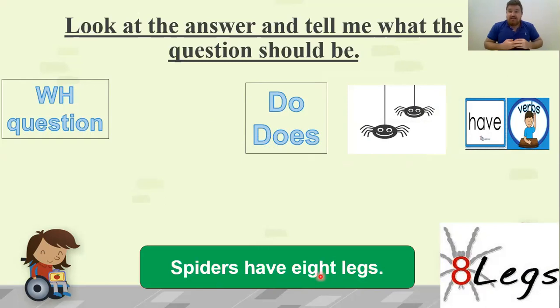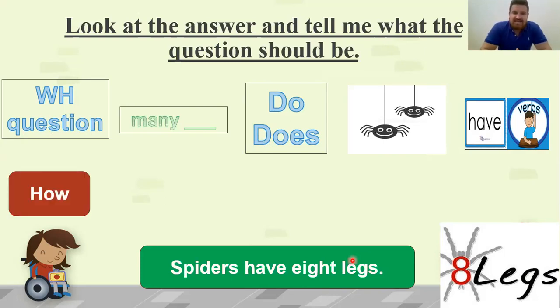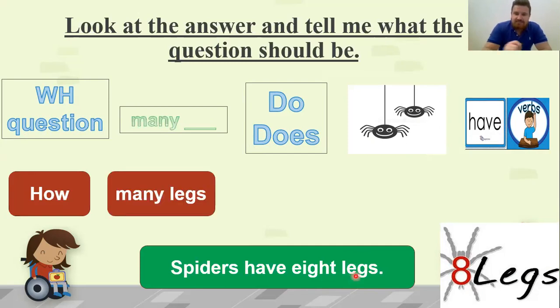You would say, Teacher Shelter, how many pens have you got? All right, so there we go. We need to add in many and what. Many, what do we want to know? Okay, so we should know that we say how. Now, many legs.